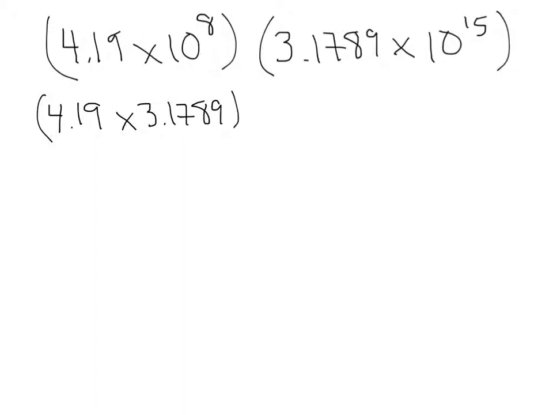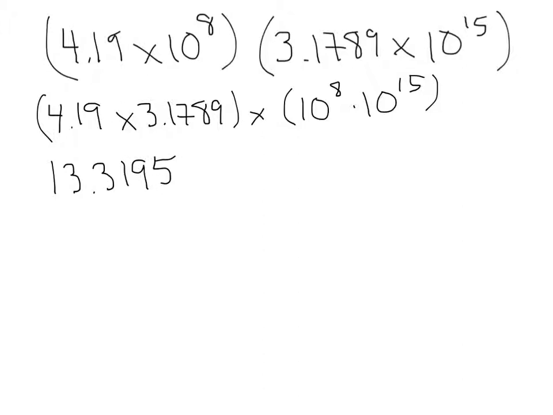And once we sort out what that is, that will be times 10 to the 8th times 10 to the 15th, since we've rearranged it using associative and commutative properties again. 4.19 times 3.1789 is 13.319591. Thank goodness for calculators. And when we put all of our tens together, we get 10 to the 8 plus 15, or 23.